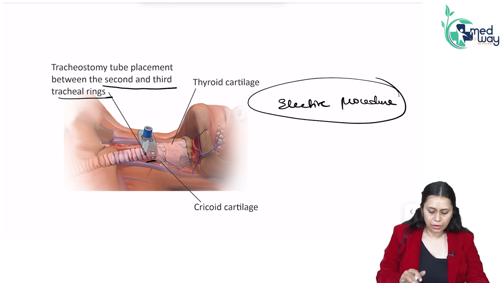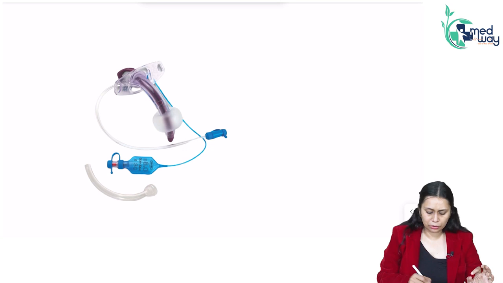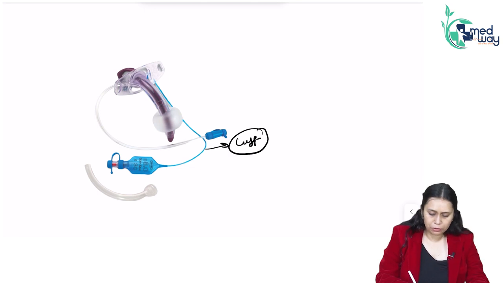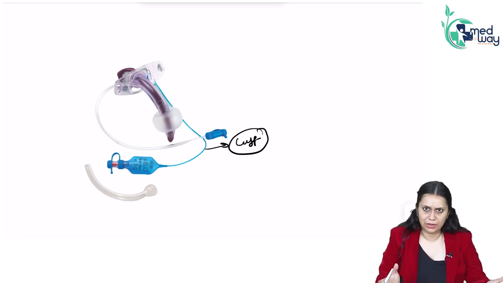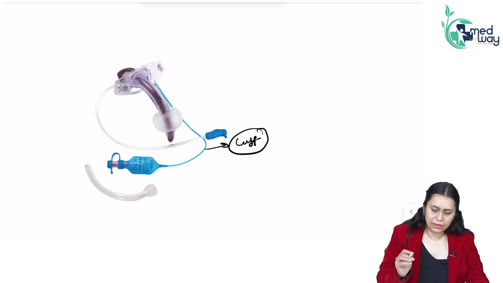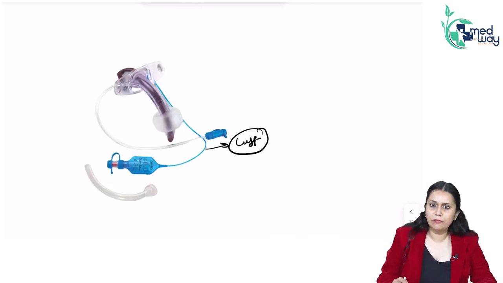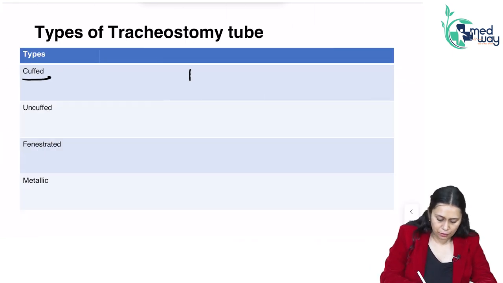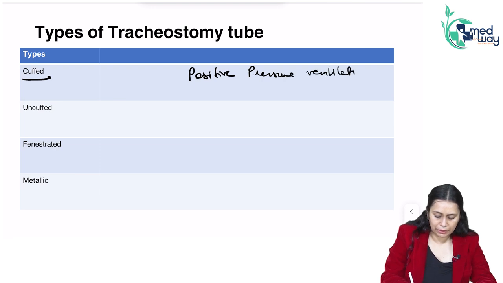Now let us talk about this tracheostomy tube, one of the tracheostomy tubes with the cuff. Let us talk about a few different types of tracheostomy tube which are asked in exam. We have the cuffed tracheostomy tube, as you can see here. This is used for positive pressure ventilation on a ventilator in a patient in ICU, right?